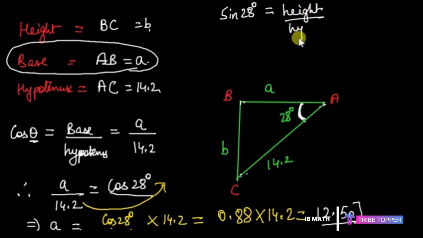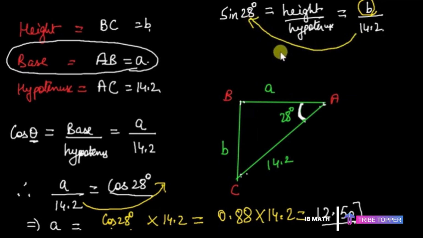Sine 28 is equal to height, which is B, over hypotenuse, which is 14.2. Now you have to find B. Keep B here and 14.2 goes up and gets multiplied. So B is equal to sine 28 degrees multiplied by 14.2.